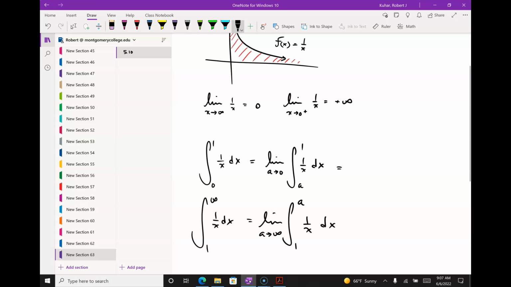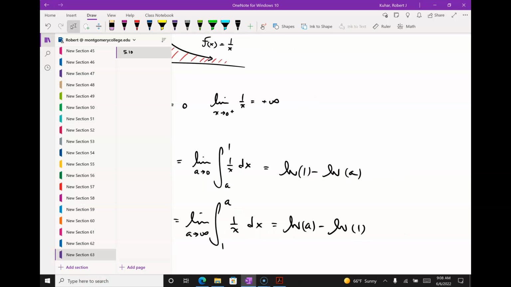So we know this antiderivative, ln. So this is ln of 1 minus ln of a. This is ln of a minus ln of 1, yes? So ln of 1 is 0.